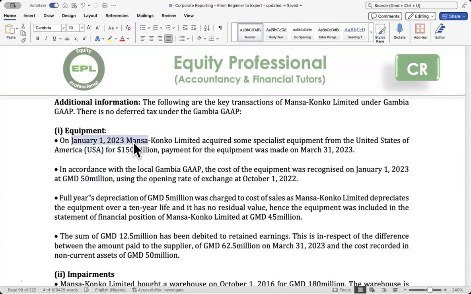Yes. So the exchange rate you should use, based on what we learned about the standard for non-monetary items, should be this rate, $2.50, not $3. Okay, that's correct.